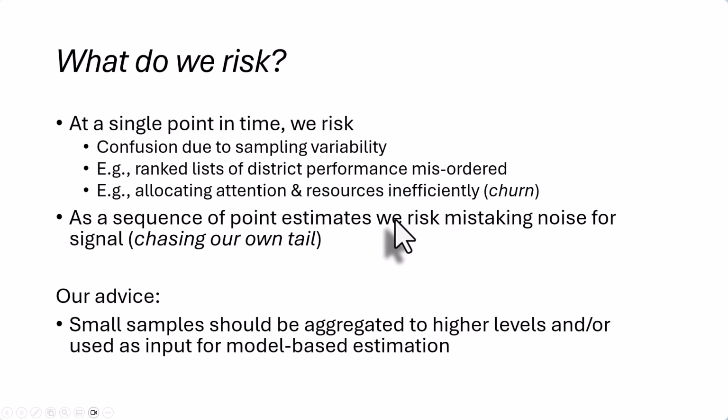And that attention will be allocated somewhat inefficiently. When we show a sequence of point estimates, we risk mistaking noise for a signal, and I'm using the informal phrase here that we risk chasing our own tail, spending energy on apparent changes that are not real.